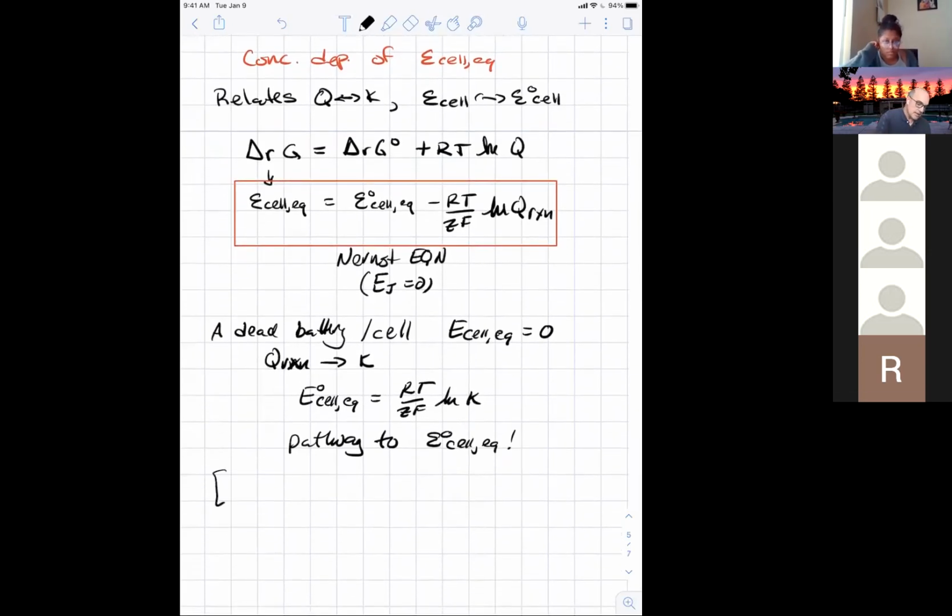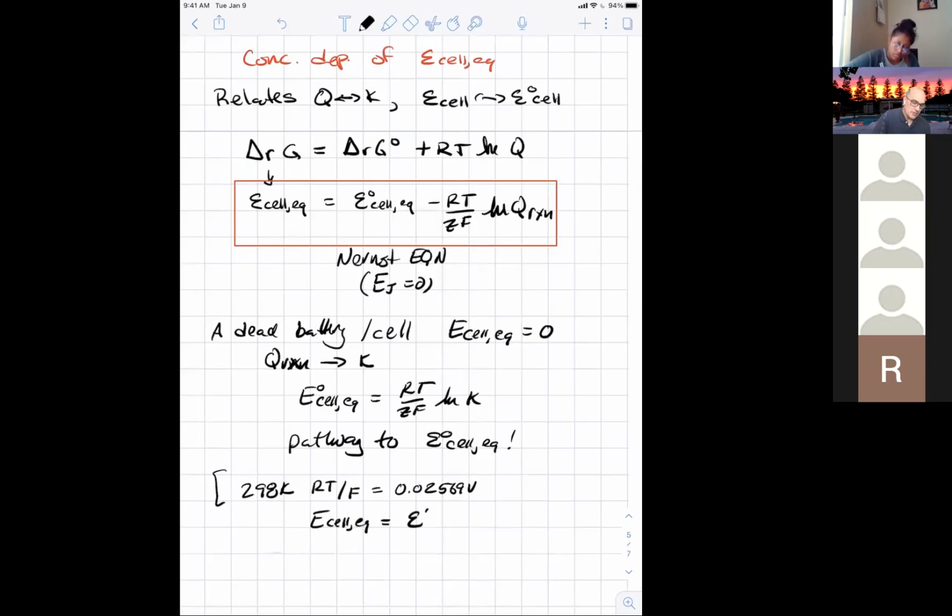There's a standard kind of substitution everybody makes. If you're at 298 K, then RT over F is 25 millivolts, 26 millivolts. So what you get is this.